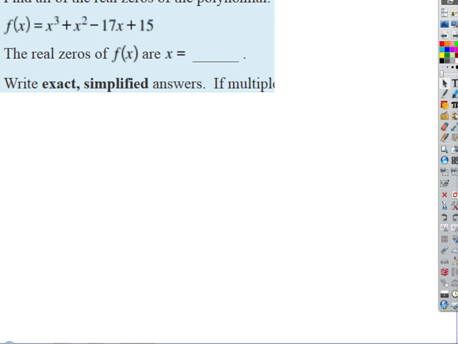What do we do here? Let's think about this strategically. What's probably the first thing we would maybe try to do?